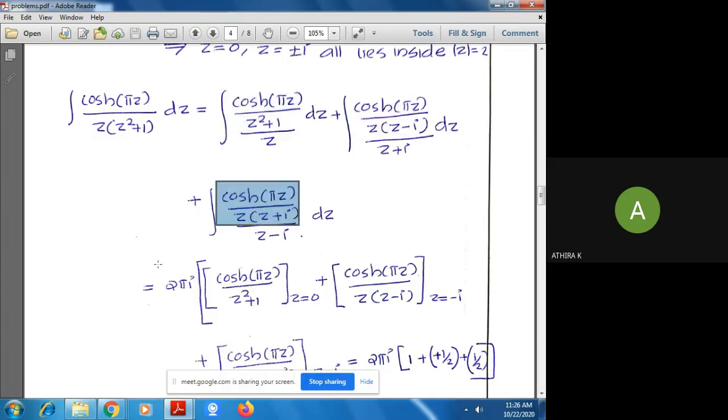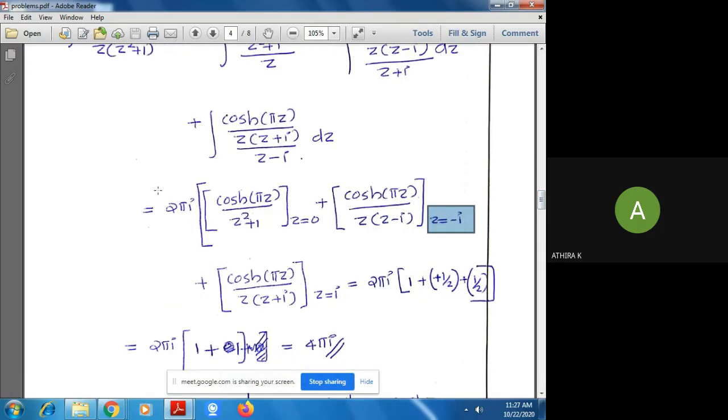So this is equal to 2πi times cosh(πz) divided by z² + 1 at z = 0 in the first integral, and next integral 2πi times cosh(πz) divided by z(z − i) at z = −i, and the last integral 2πi times cosh(πz) divided by z(z + i) at z = i.